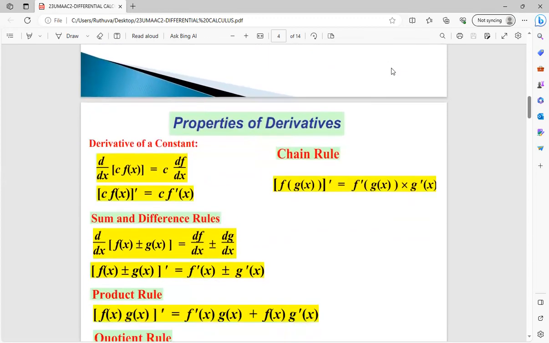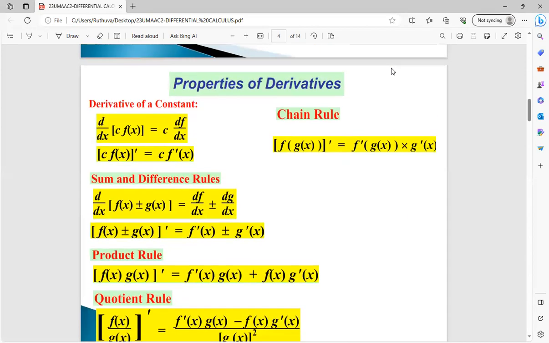Then in the next slide we are going to take the properties of derivatives. There are several properties for the derivatives. First, we see the basic properties. The first property is the derivative of a constant: d by dx of C into f of x equals C into df by dx, where C represents a constant.